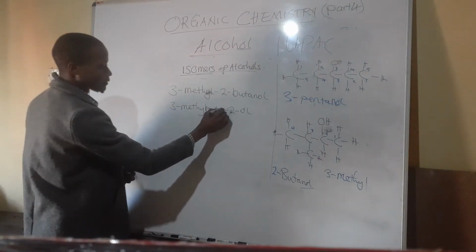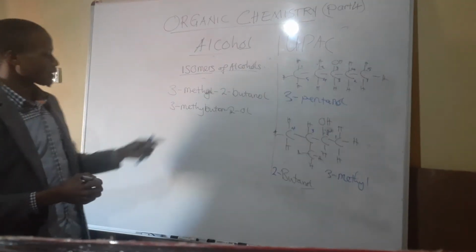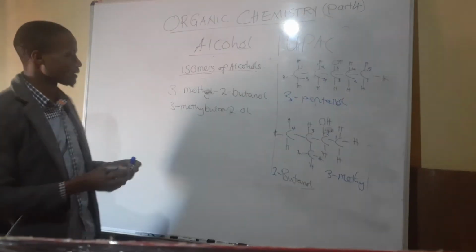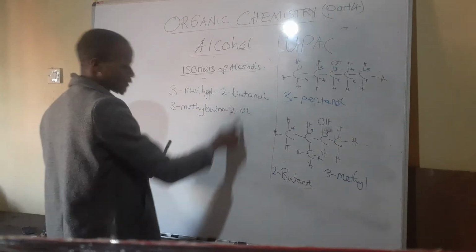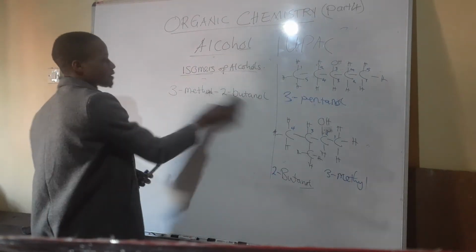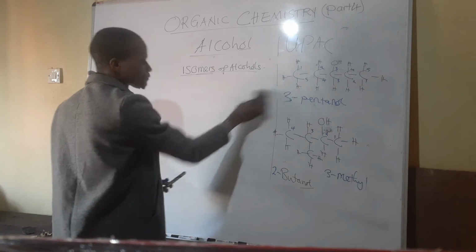I've forgotten the N there. So you can use either method when naming alcohols, but this one is easier for everyone. Those are the isomers of the alcohols.